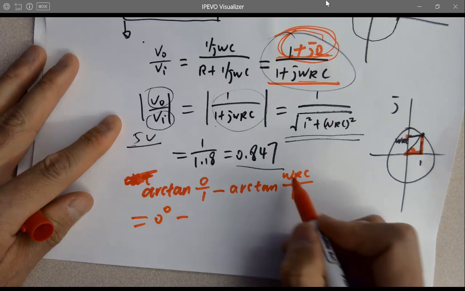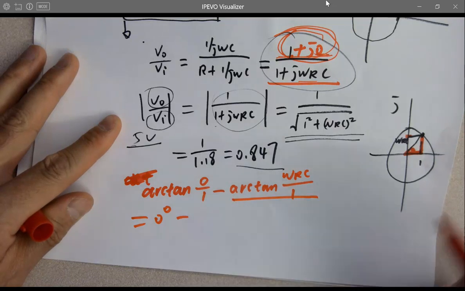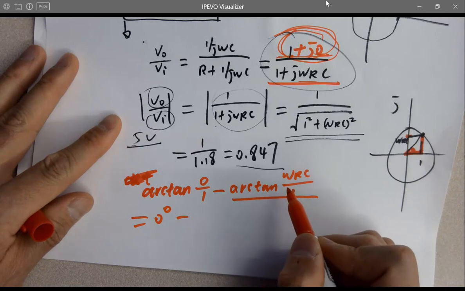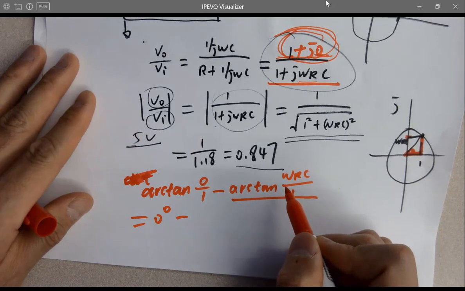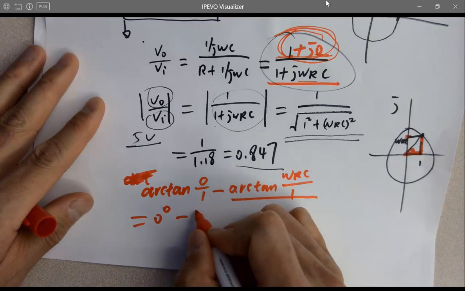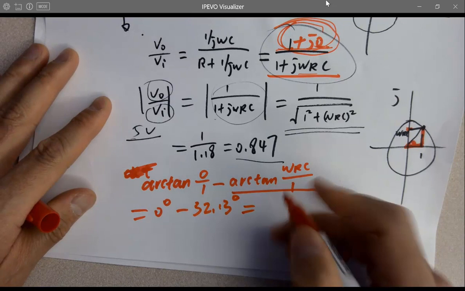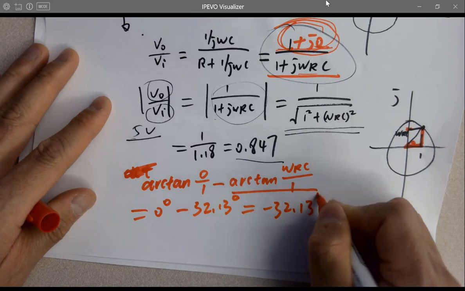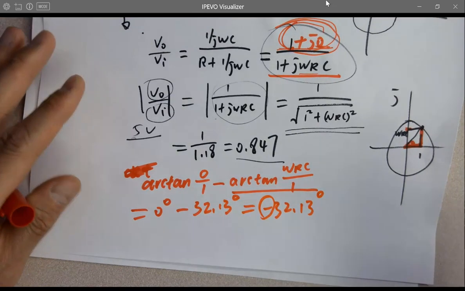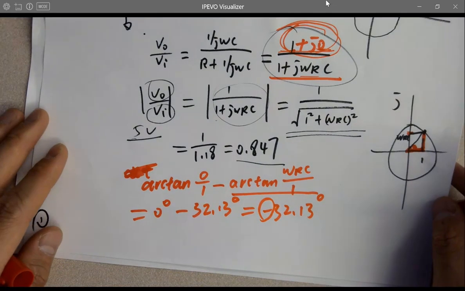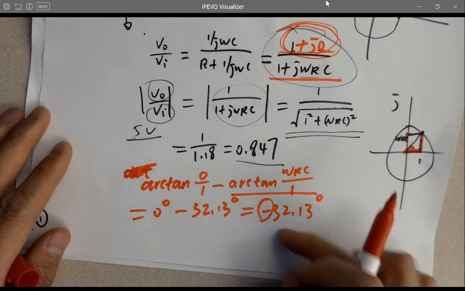If you plug in all the numbers in there, using a calculator online, I can find out this one equals 32.13 degrees. And so eventually you are getting minus 3.213 degrees. If you see a minus sign here, it means it's a delay. That's how I calculate the phase shift in theory.